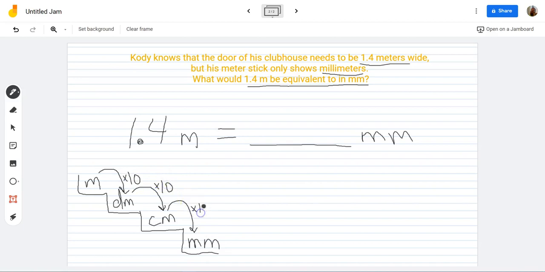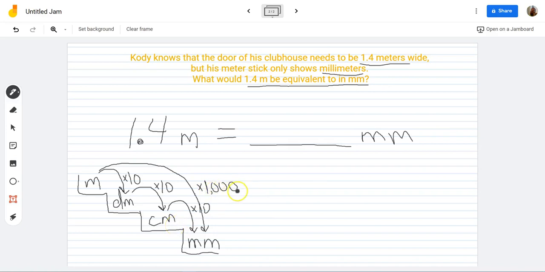And some of us get a little mixed up sometimes. That doesn't mean that we're multiplying it by 30. It means we're multiplying it by 10, and then by 10, and then by 10. Or an easier way to do it is to think of it as jumping 3 times. So we're multiplying it by 1 with 3 zeros after it, making it 1,000 times.